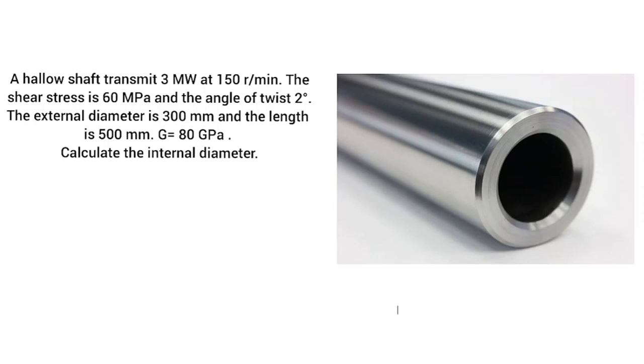As we'll see in the picture here, the hollow shaft is something like this. Let's change here, it's supposed to be O. You see on the picture, there's an outside diameter, which is from here up to here.